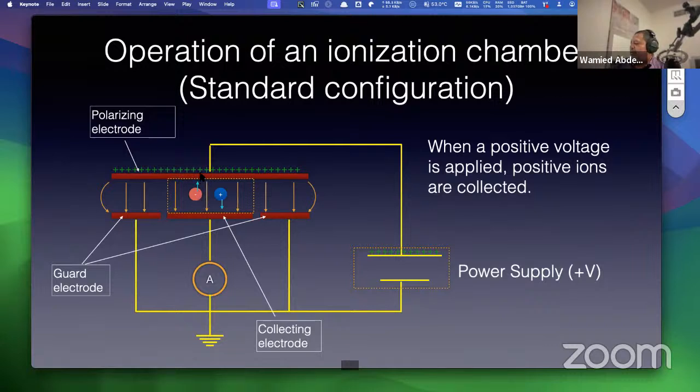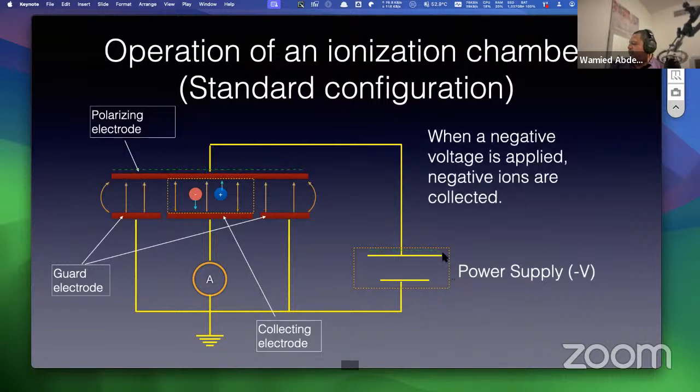They're going to go to the positive, polarizing electrode. So all of these charges that land on this electrode constitute our dosimetric signal, because that's related to the number of ions produced in the air cavity. And essentially, the positive charges and the negative charges produced in the air are the same. Okay.